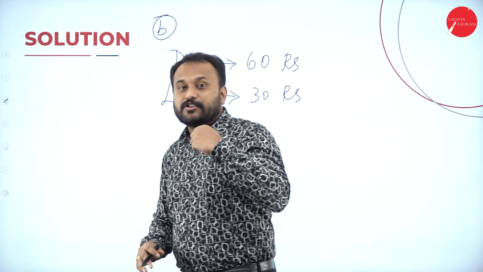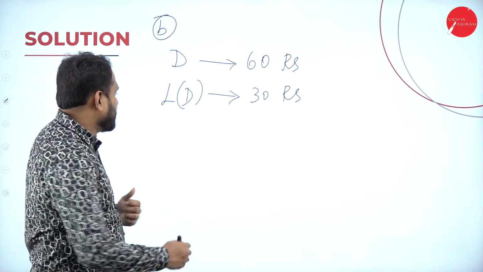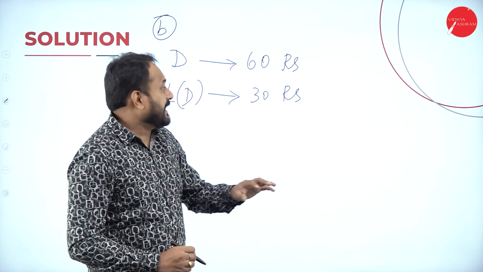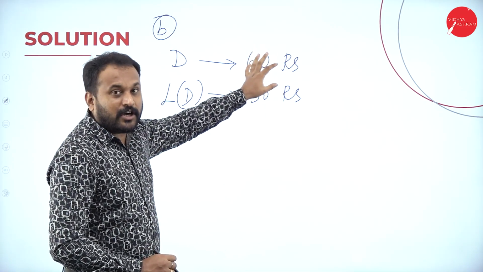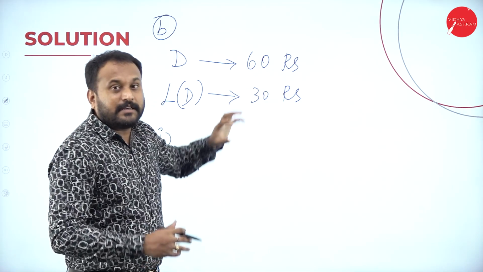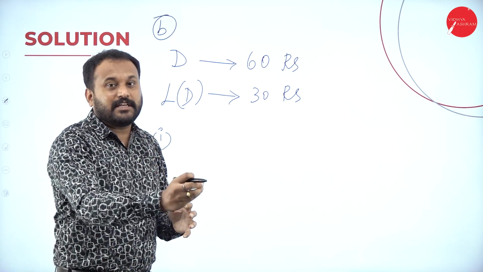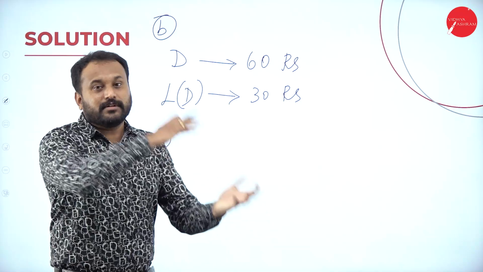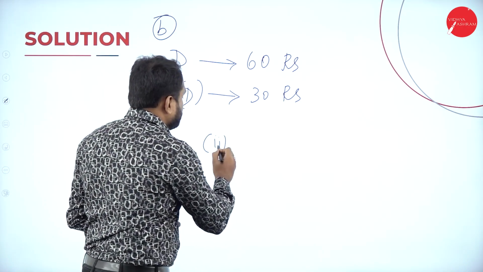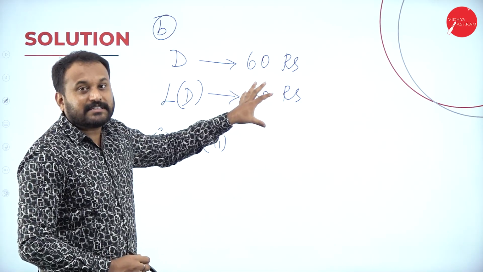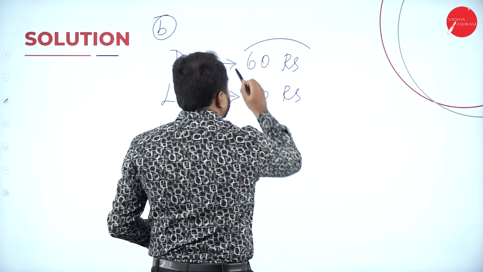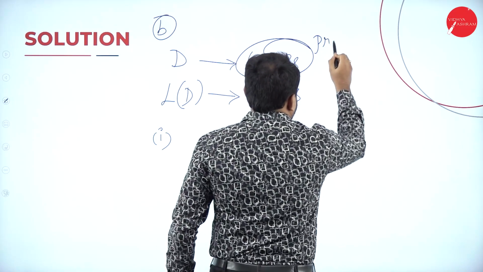Now you can go for your conclusion. What is the conclusion? The first conclusion is, you are selling it for 60 rupees. You will not give anybody for 30 rupees because the minute you give it to him, your customers who are paying you 60 will not pay you. They'll go to him. That is the first conclusion. Second conclusion is, you have a steady market in your domestic itself with 60 rupees and you are making profit.